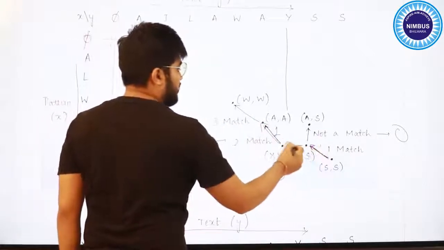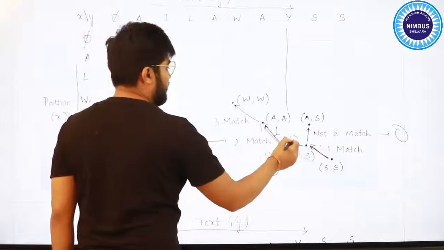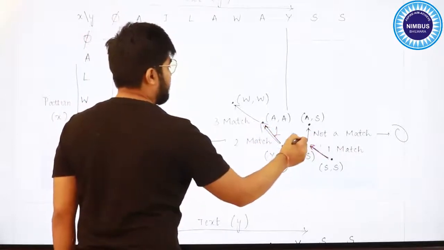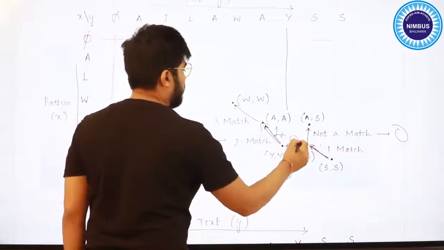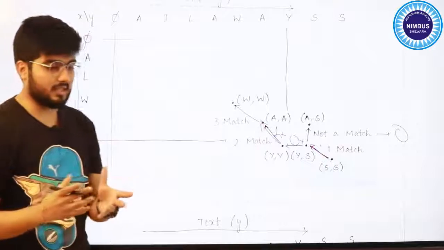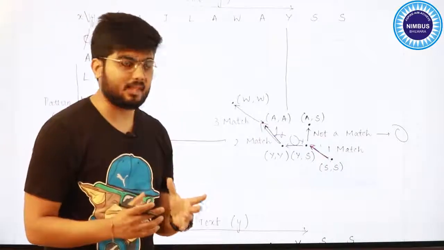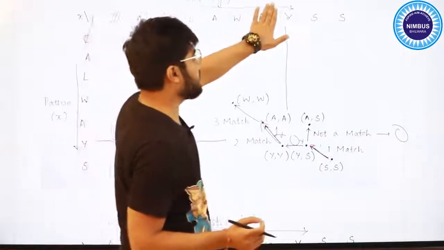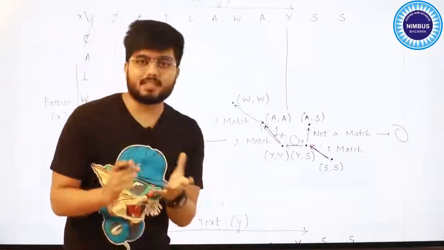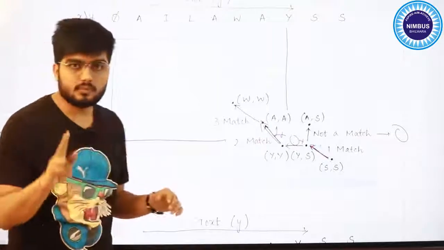So 1 plus 0 is 1, and 0 plus 1 is 1, 1 plus 0 plus 1, which is basically 2. So till this point your calculation is like your longest common subsequence is 2, and that is correct. If you just have YSS and just YS, then the longest common subsequence is 2.